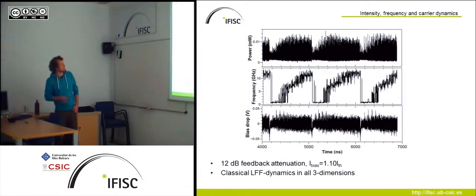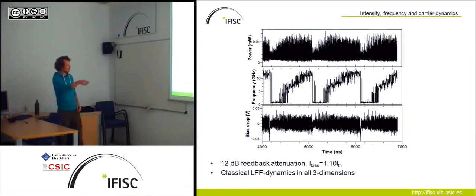Okay, and now to go directly to the additional data we extracted. On top again, we see the intensity dynamics of the laser. One step below, we see the spectral dynamics, again only represented by a scalar value to make the comparison a bit easier. And then at the bottom, we directly see the voltage drop across the laser.